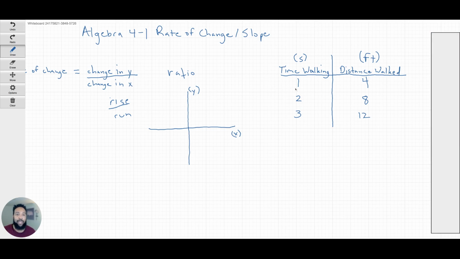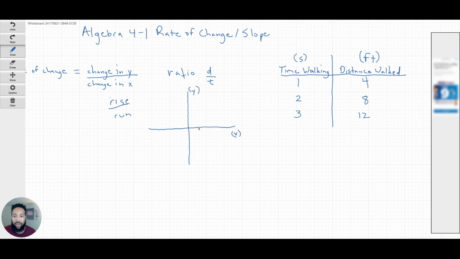So let's say we graph this chart that I have right here. So usually a ratio represents distance over time. So we will allow our distance to be our y coordinate and then our time to be our x coordinate.